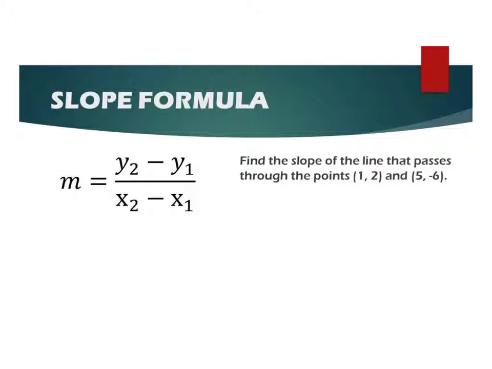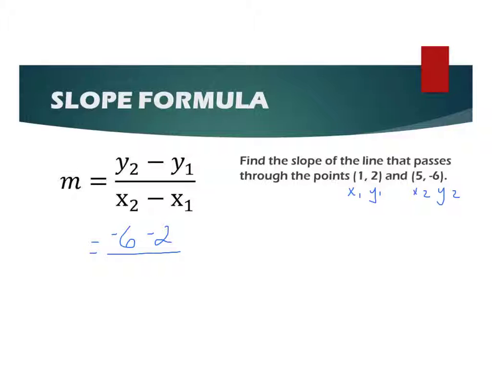Here's another example. We're going to find the slope of the line that passes through the points 1, 2, and 5, negative 6. Again, it doesn't matter which one is x1, y1, and which one is x2, y2. So let's just go ahead and keep it in the order that's there. So y2 is negative 6. y1 is 2, so negative 6 minus 2.